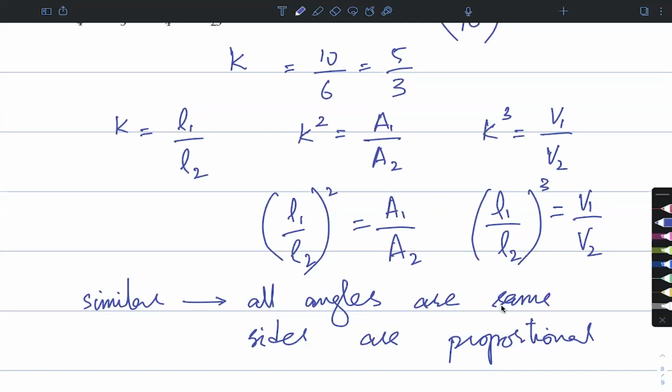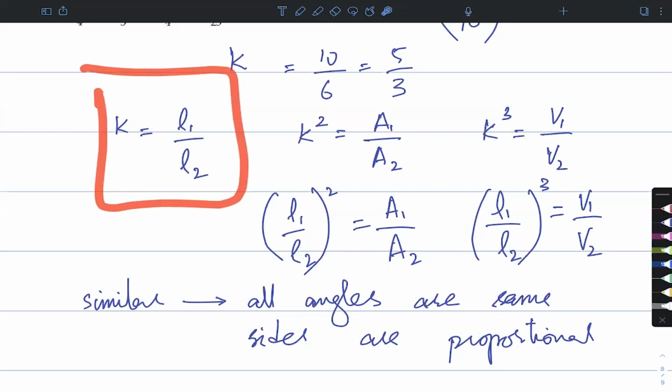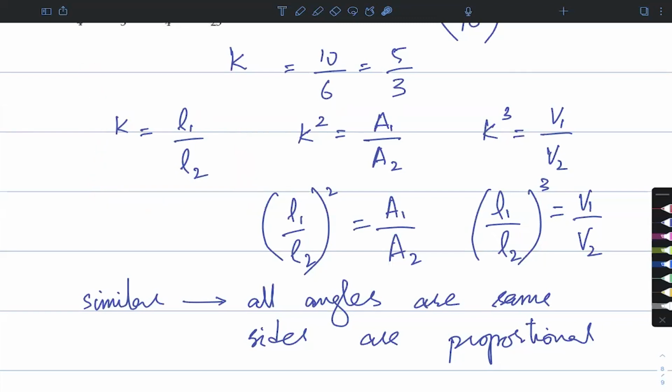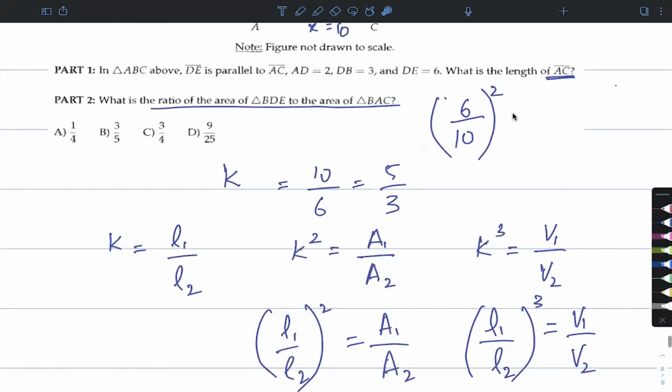That's what similar shapes are. And for similar shapes, we have a scale factor, which says how much bigger or smaller something is compared to the other one. That's called K, the ratio of any two lengths that are proportional. The square of that is the ratio of area, and the cube of that is the ratio of volume.